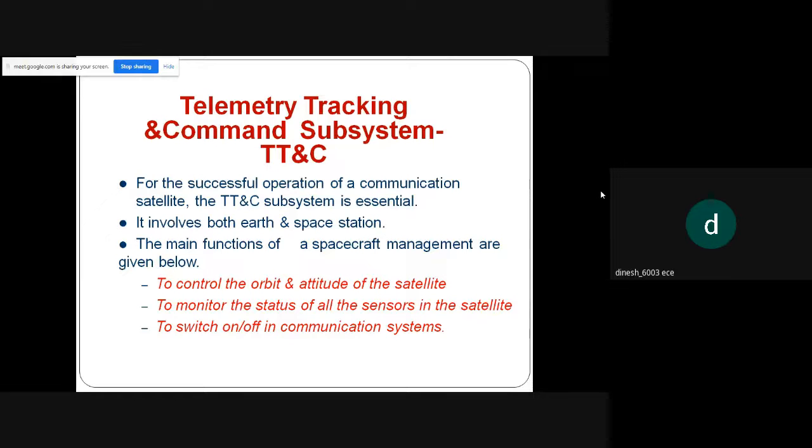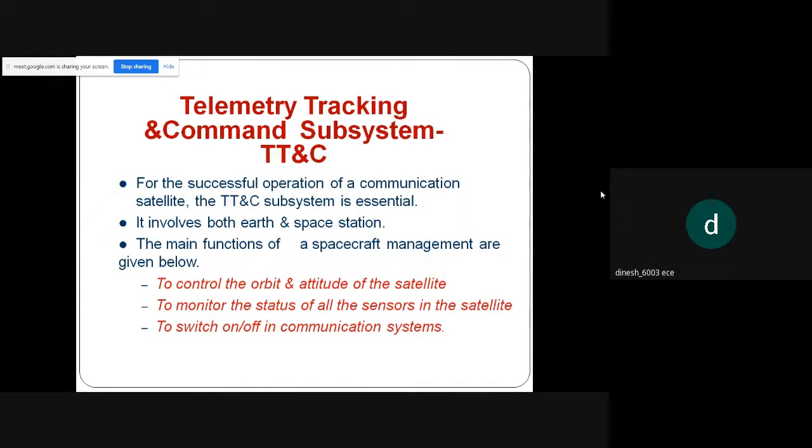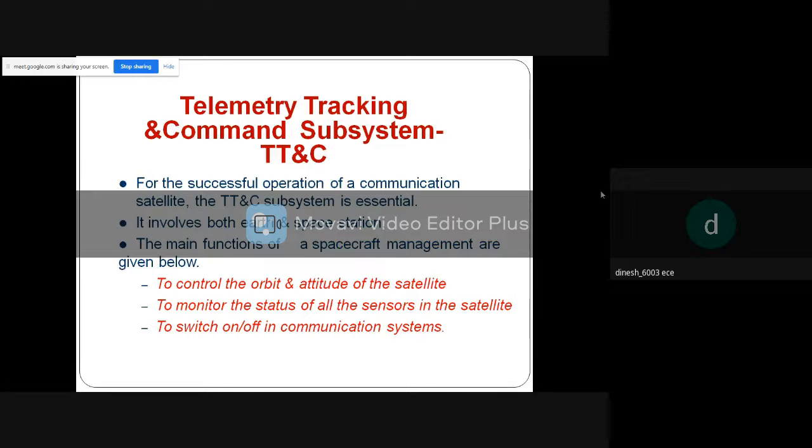The main functions of spacecraft management are to control the orbit and attitude of the satellite, to switch on and off the communication system, and to monitor the status of all the sensors in the satellite. So the TTC plays a major role.